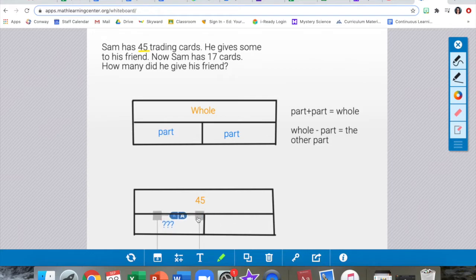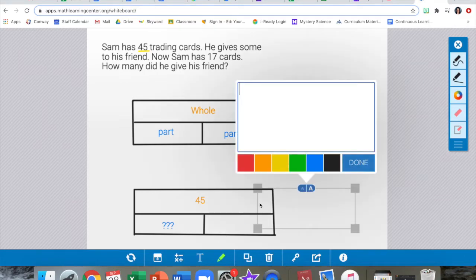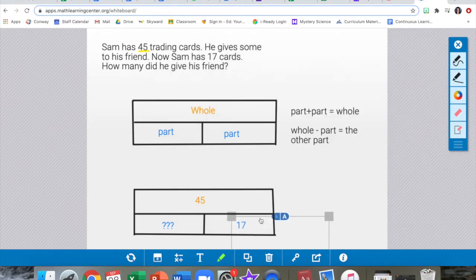We don't know how many he gave away yet, but we do know how many he had at the end. Now Sam has 17 cards. So we can put that in the other box. We may not know how many he gave away, but we do know that he had 17 left at the end. We can use this now to write an equation that matches the story, and we can solve it.